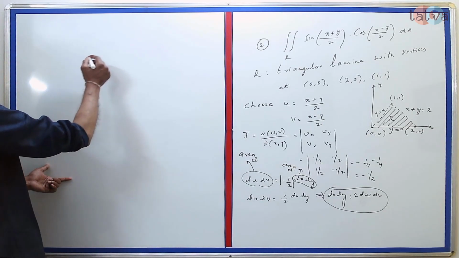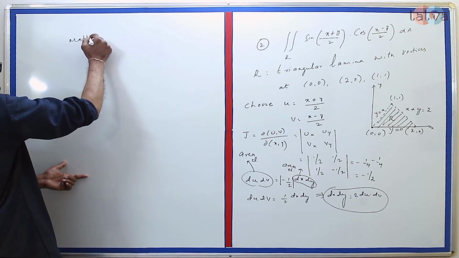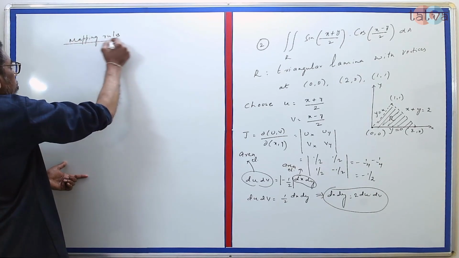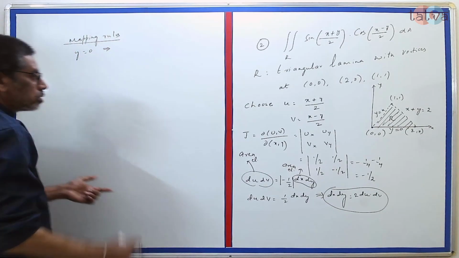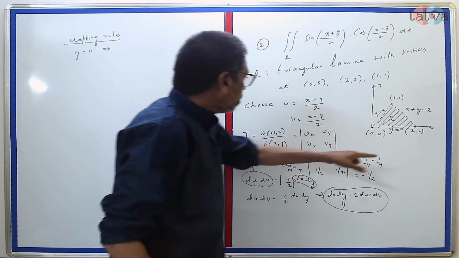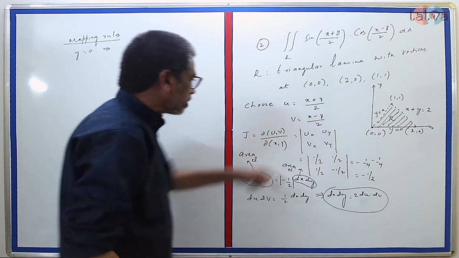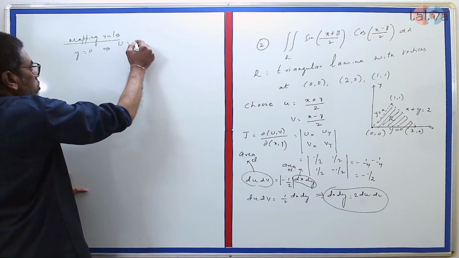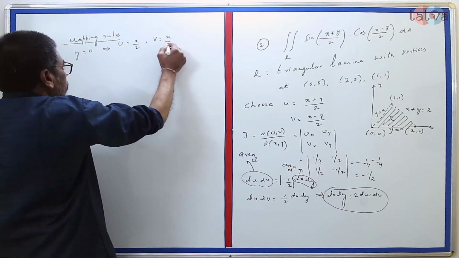So corresponding to y is equal to 0, the mapping rules, from the diagram will make u is equal to x by 2 and v is equal to x by 2.